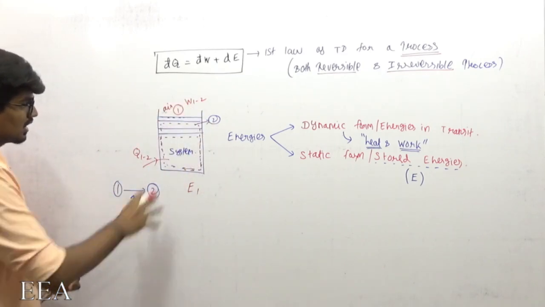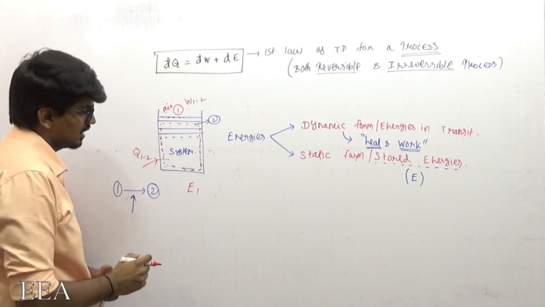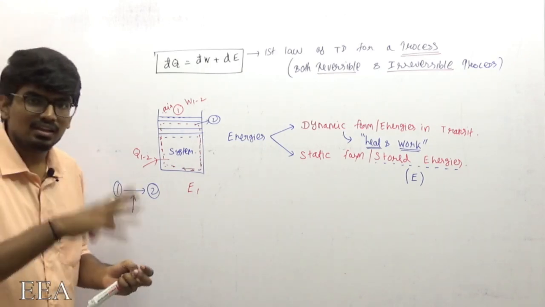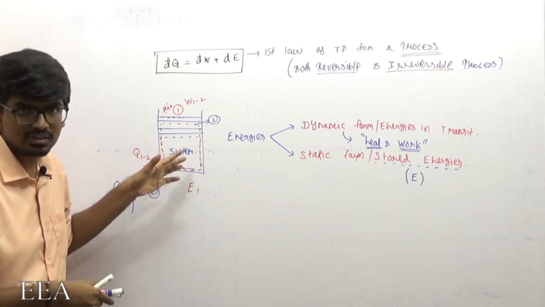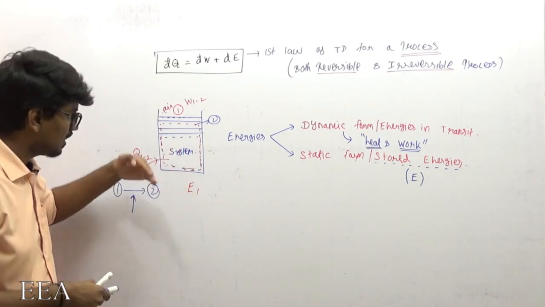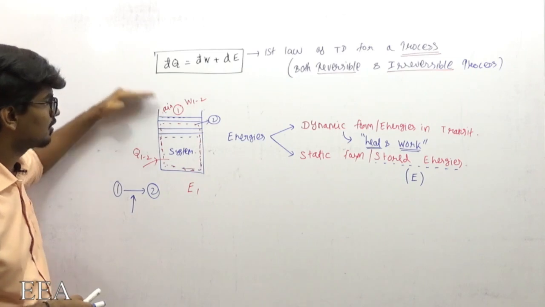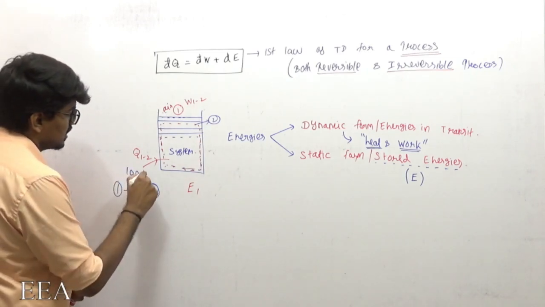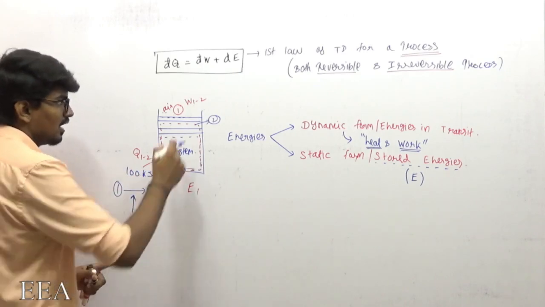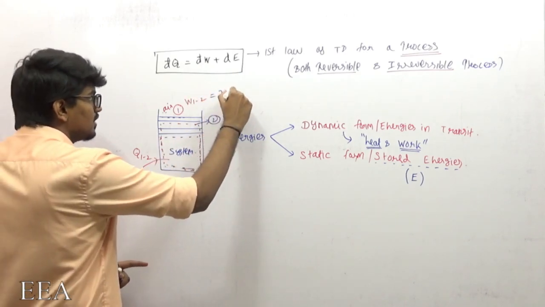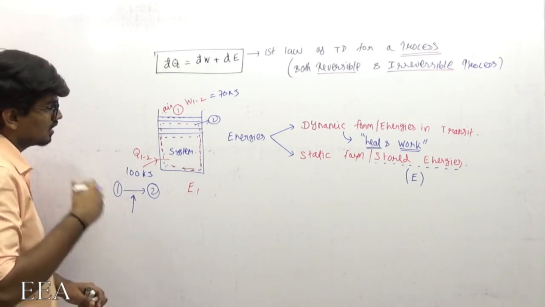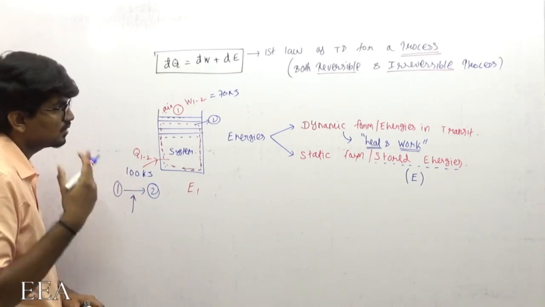Now listen, I am supplying this much energy into it, and the outcome is this lifting work. For example, I am supplying 100 kilojoule of heat and getting 70 kilojoule of work. Then where does that 30 kilojoule go? That is the question.